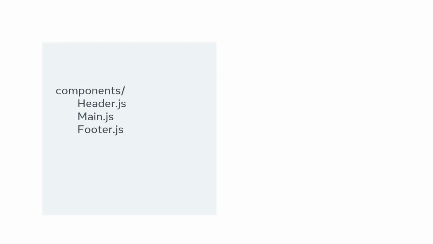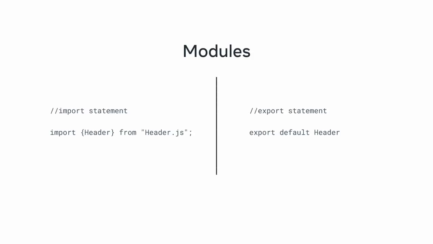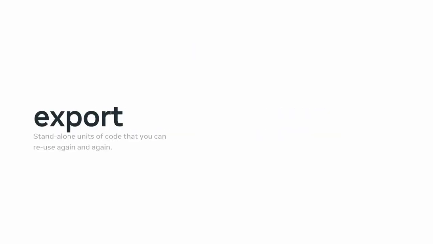Well, in React, you can make use of this JavaScript feature to separate your components by placing them in their own file. Then you can use the import and export statements to make the files communicate with each other. The export statement is used to make a module available to another module. It helps to think of every JavaScript file as a module.